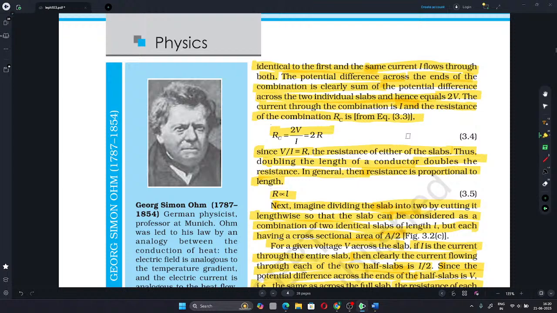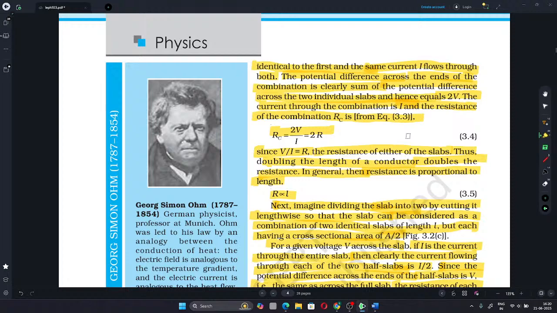In general, resistance is proportional to length. R is directly proportional to length.